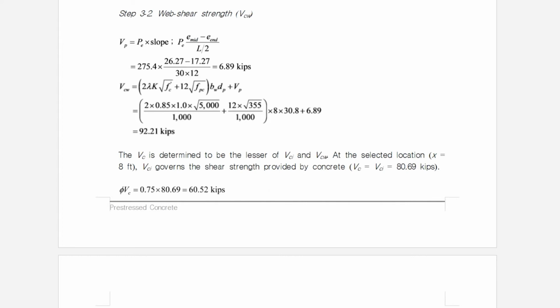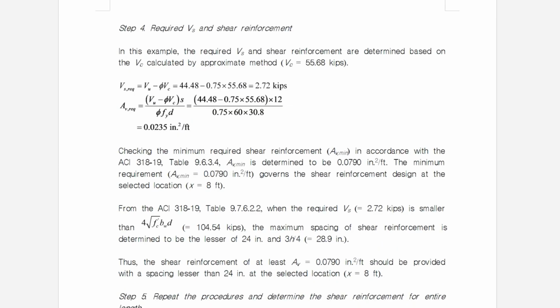And strength reduction factor is 0.75, so 60.52 kips. And what was the demand? 44. So VS required is only 2.72. So it's a very small amount of shear reinforcement that is needed. But this is greater than 50% of phi VC and small.